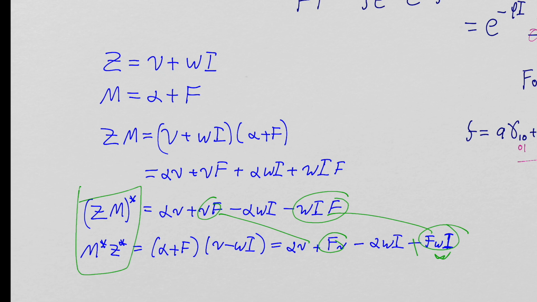However, you can see that if we treated this as a complex scalar, and V and W were scalars, pretend that they're scalars, and this is just an even multivector, well, now this does commute. So you would get VF, and if omega was a scalar, you would get minus omega Fi.